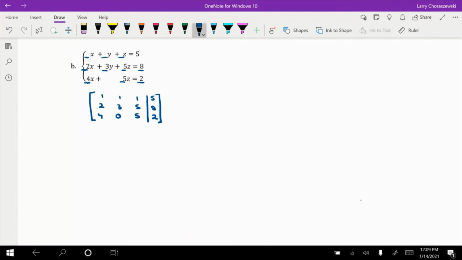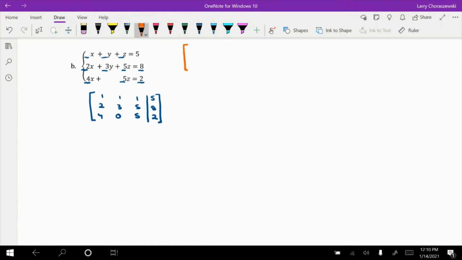So not to inundate you with information here, I am going to try to help us keep track of where the next phase in the process is. Remember, we want leading ones in each row, and underneath the leading ones, we want there to be zeros, and then above the leading ones, we want there to be zeros.